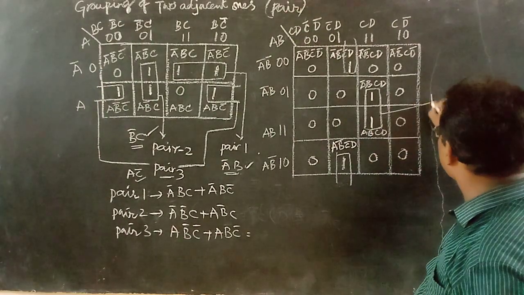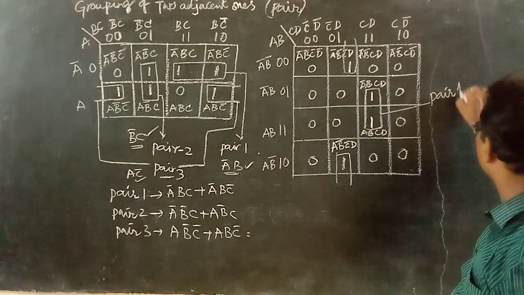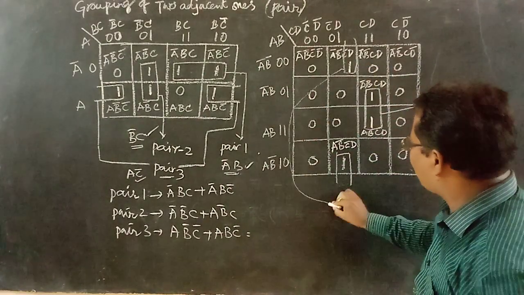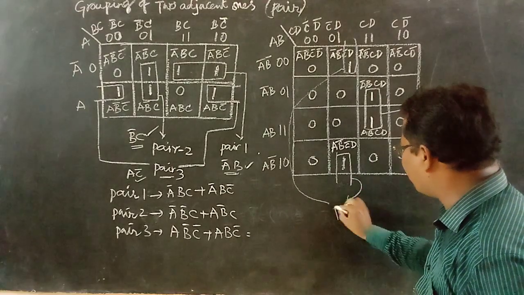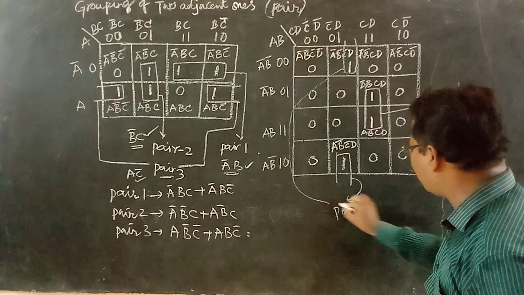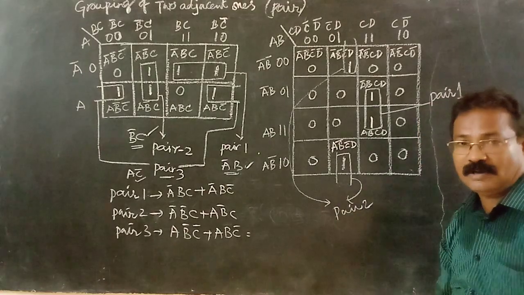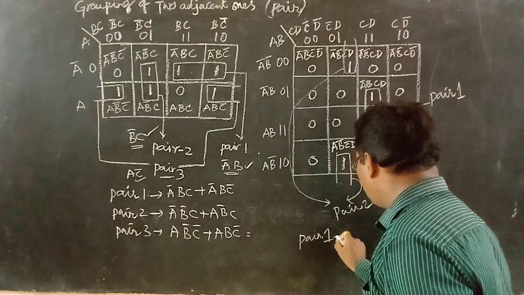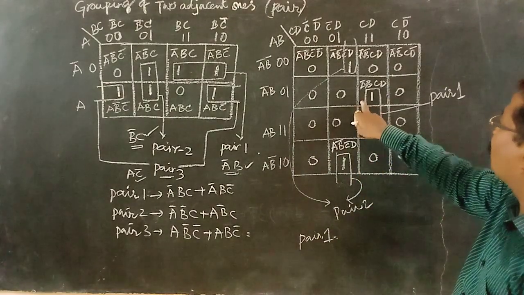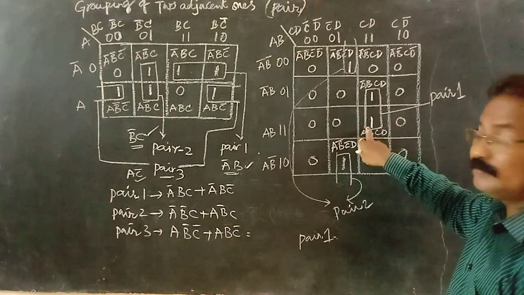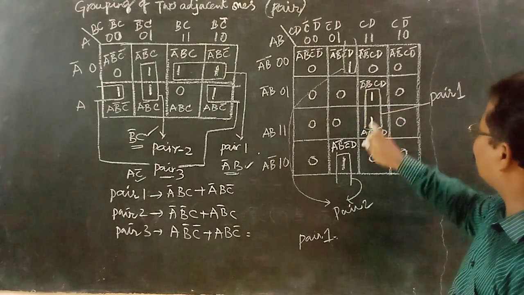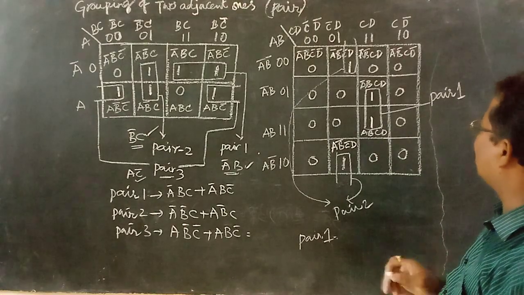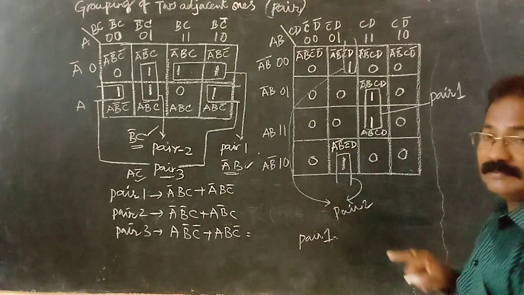This is pair 1 and this is pair 2. There are two pairs. So by taking pair 1, it is the combination of two cells: A bar B C D, A B C D. So here BCD is common.